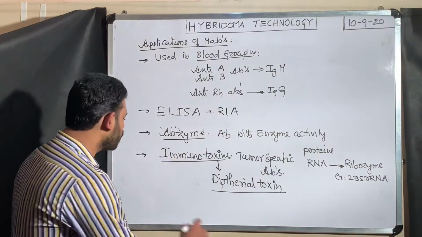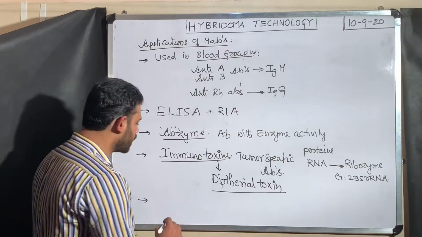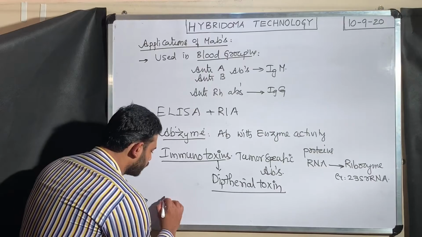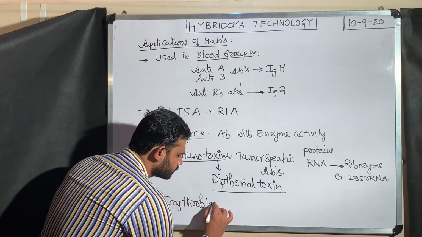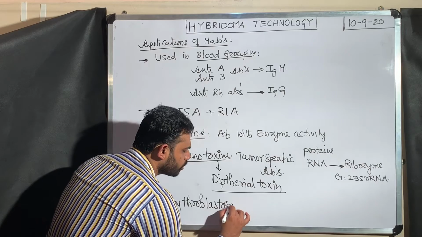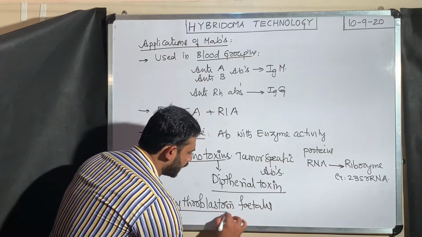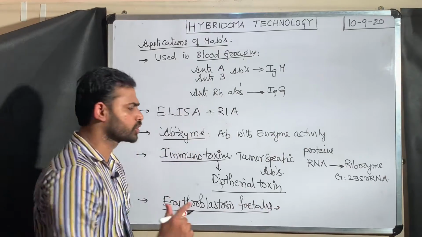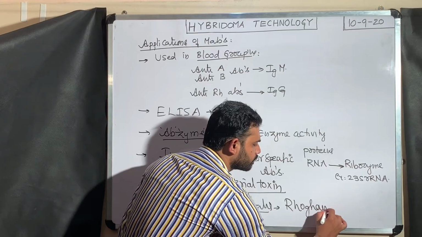The last one is this. These monoclonal antibodies are used in the prevention of erythroblastosis fetalis. This erythroblastosis fetalis is prevented by giving an injection called Rhogam injection.